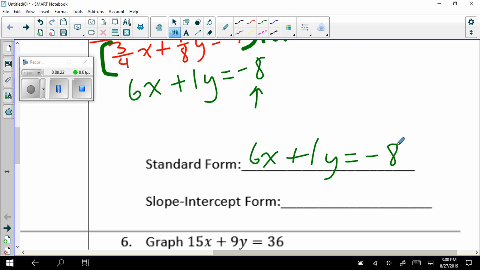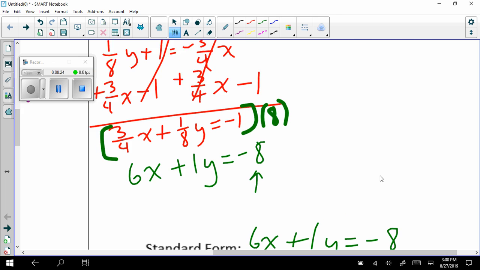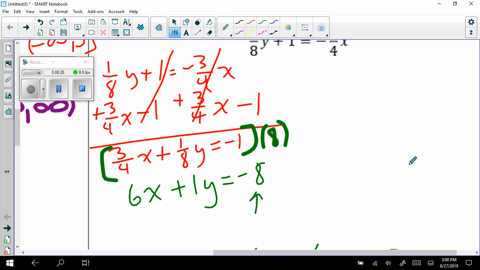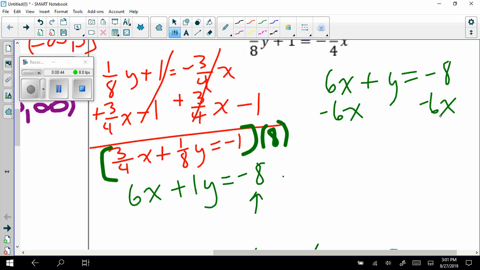Your slope-intercept form, you're solved for y. I could solve from here, but it's actually probably easier to solve from standard form. So 6x plus y equals -8, because from standard form all I have to do is subtract my 6x.